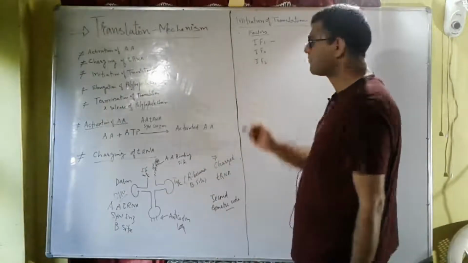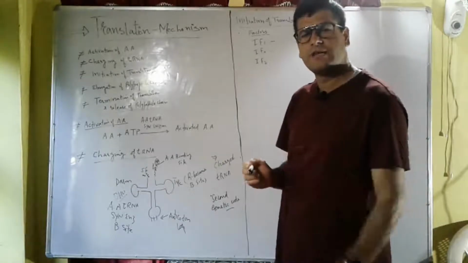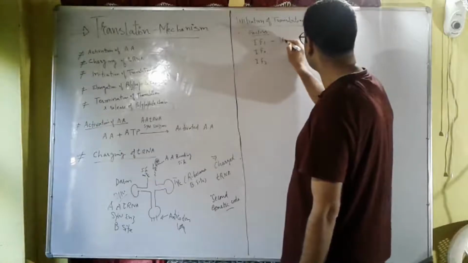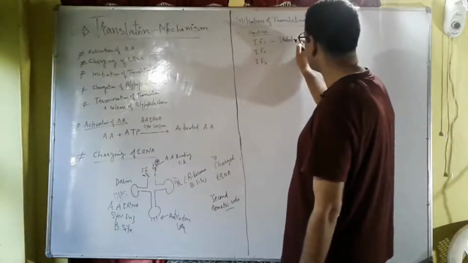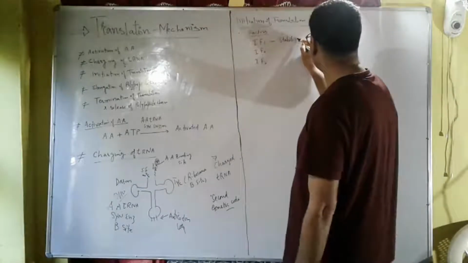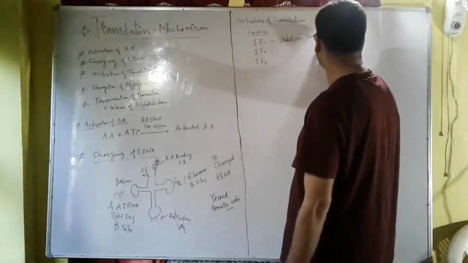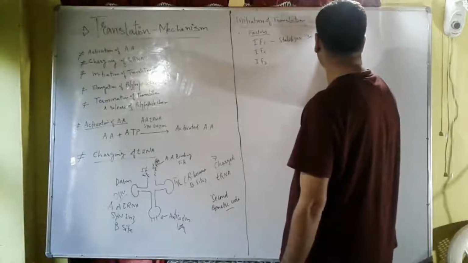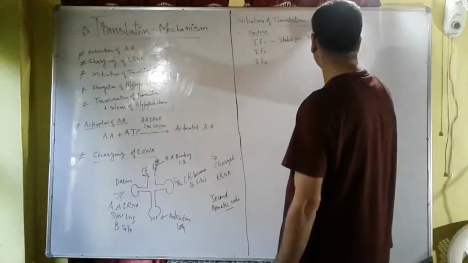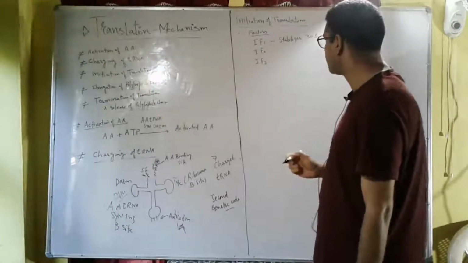Initiation factor first, what is its role? It stabilizes the 30S ribosomal subunit. We are here talking about the translation of the prokaryotes. It stabilizes the 30S subunit of ribosome.